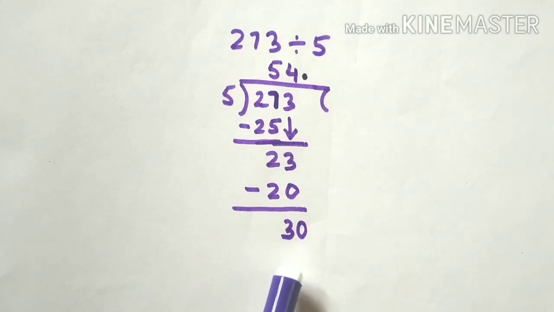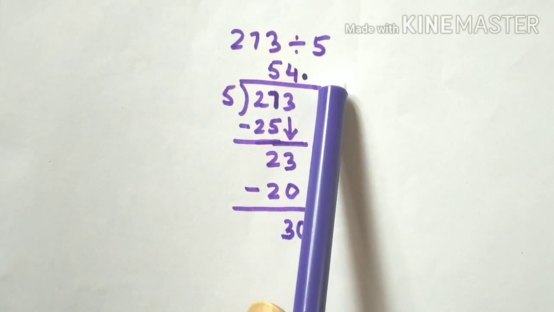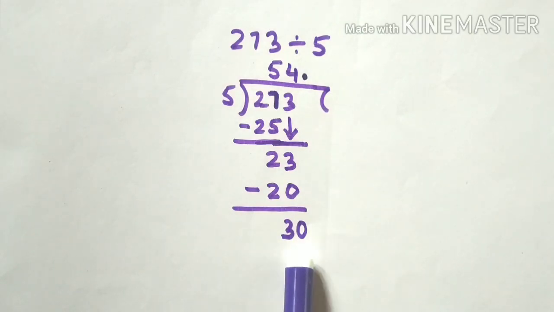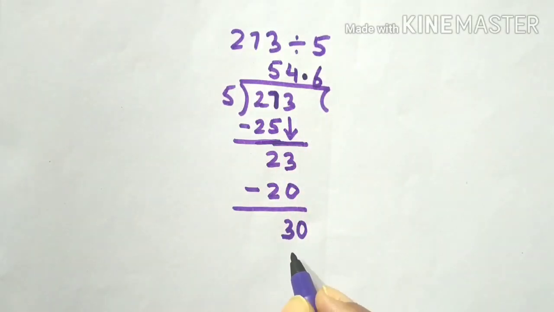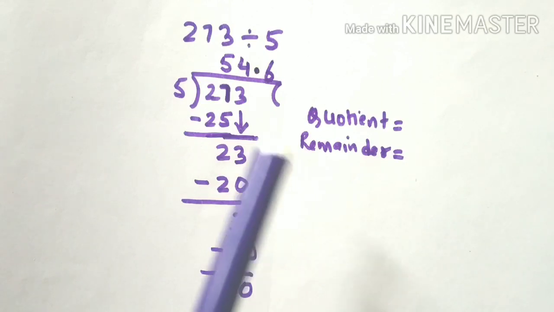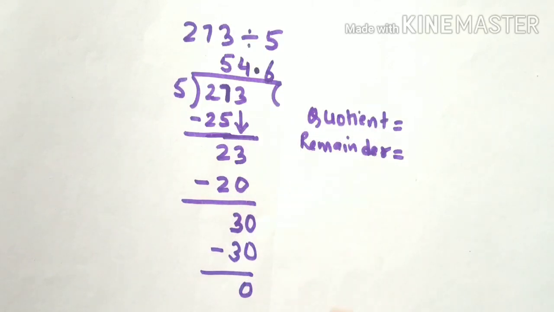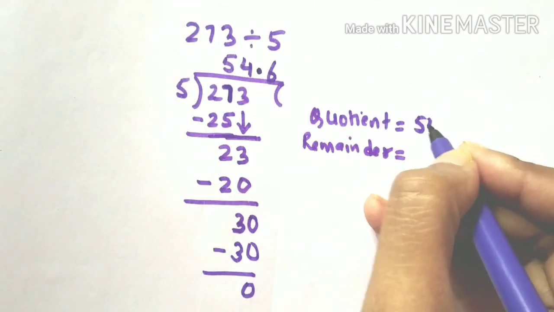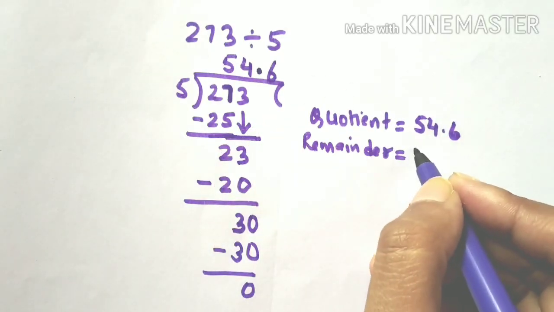Now we have to divide 30 by 5. 5 multiplied by what number is equal to 30 or nearest to 30? 5 multiplied by 6 is equal to 30. So when we subtract them, we get the remainder as 0. So when we divide 273 by 5, we get the quotient as 54.6 and the remainder as 0.